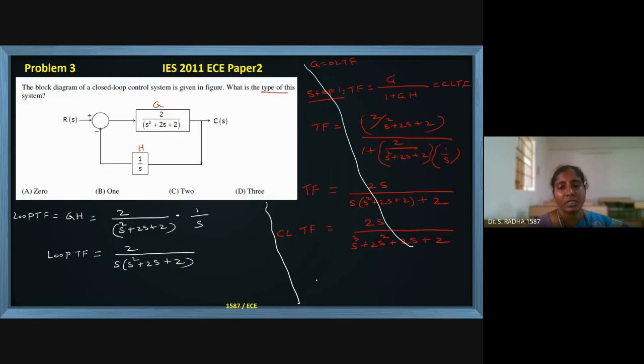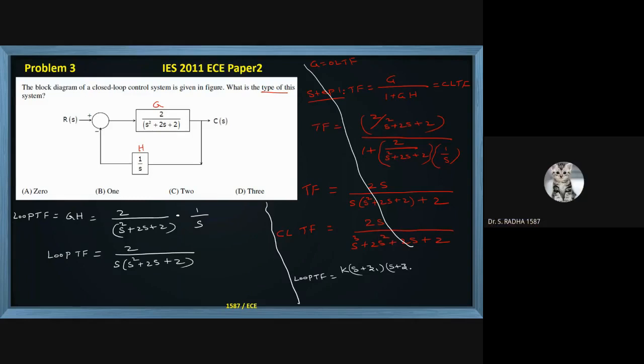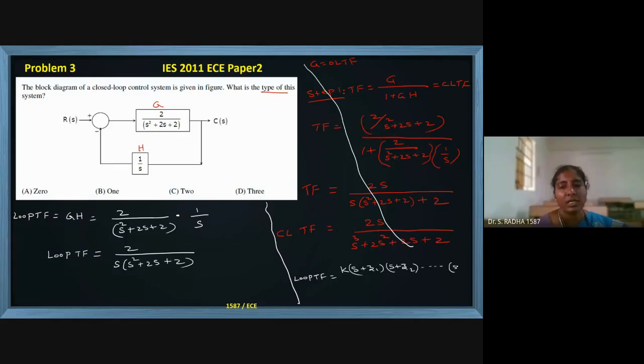So the general loop transfer function will be K into S plus Z1, S plus Z2, S plus Z3 and so on, S plus Zn, divided by S power capital N, S plus P1, S plus P2, S plus P3, like that, S plus Pm.